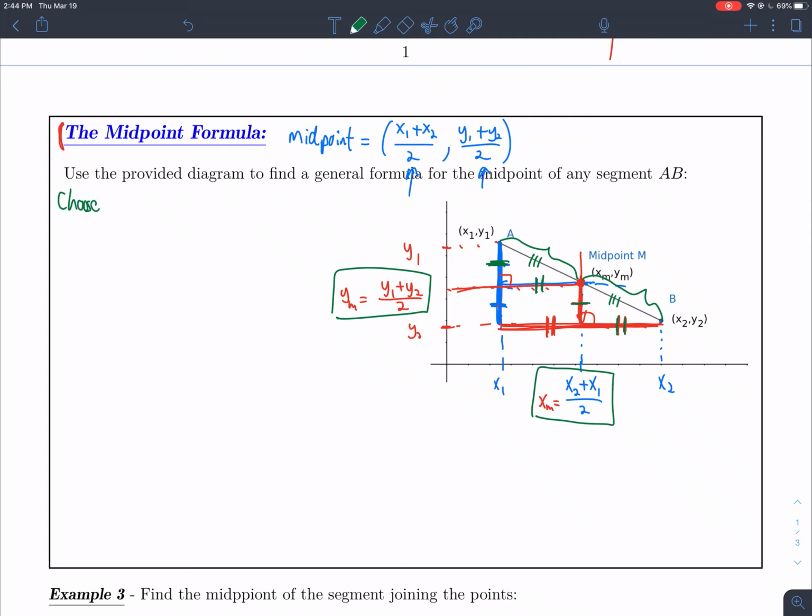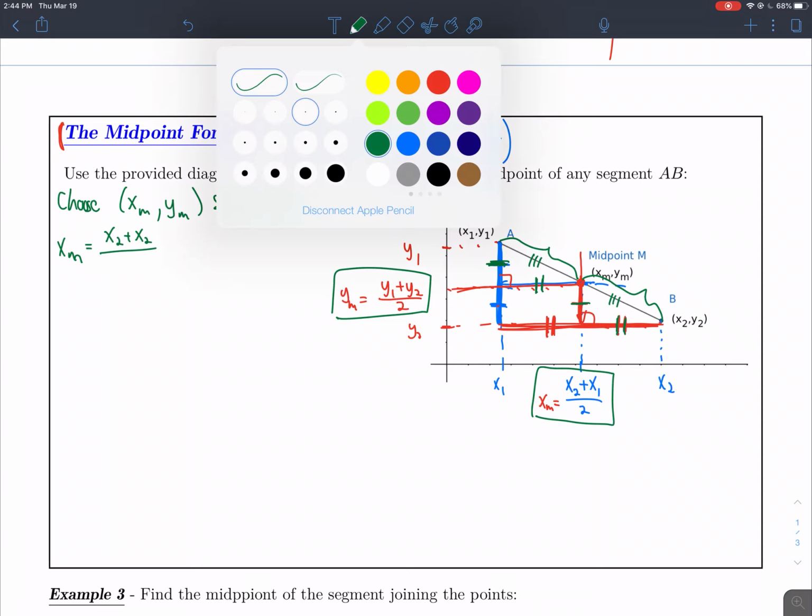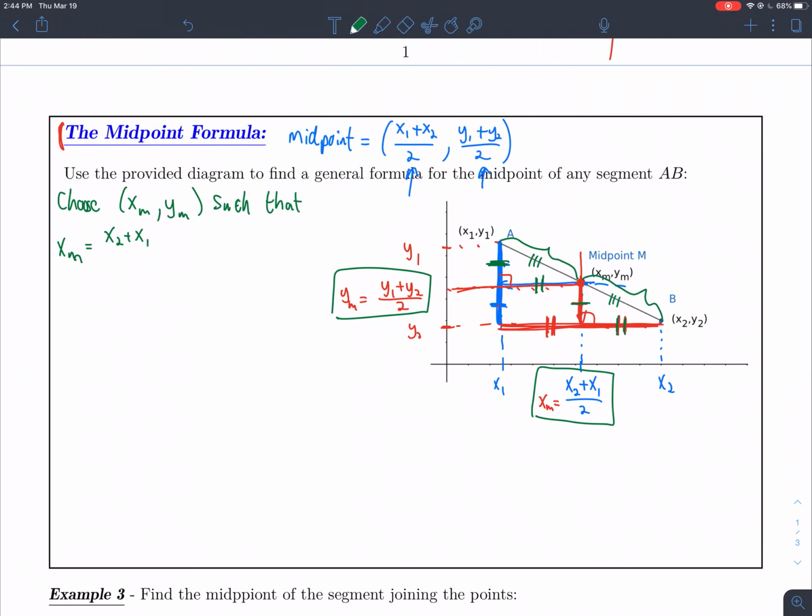So choose (x sub m, y sub m) such that, okay, you have the choice to choose such that x sub m is the average of x1 and x2, and y sub m equals (y2 plus y1) over 2, okay.